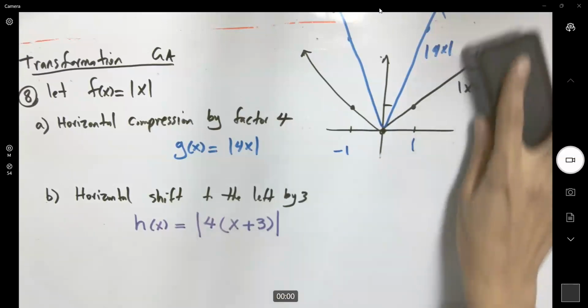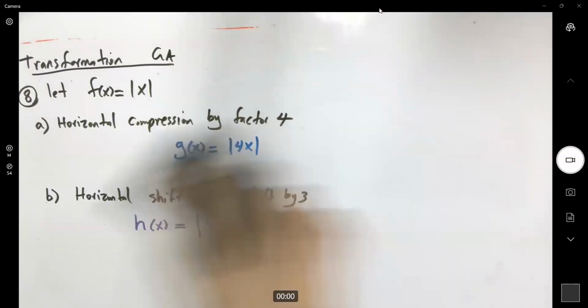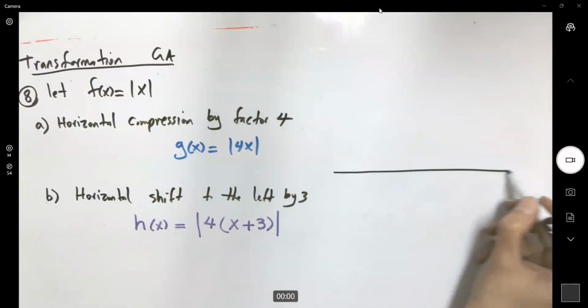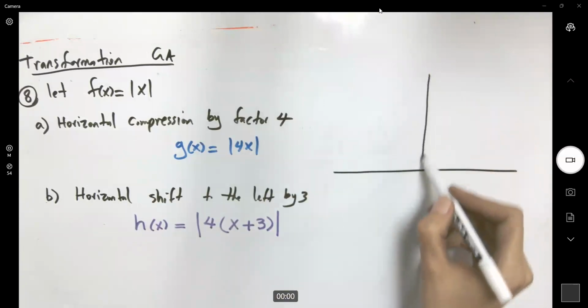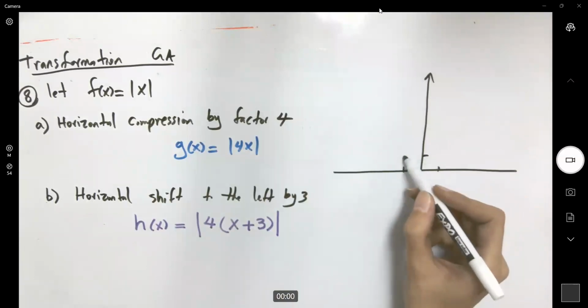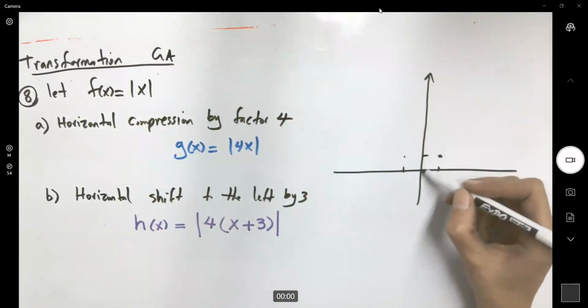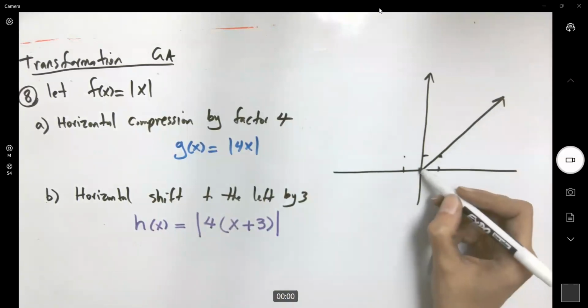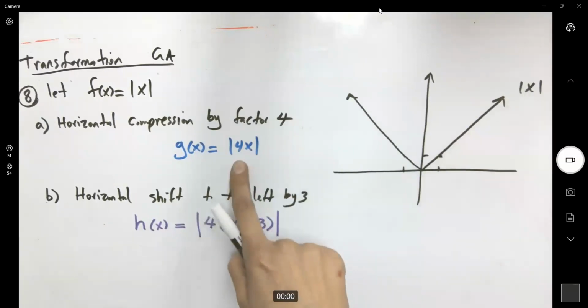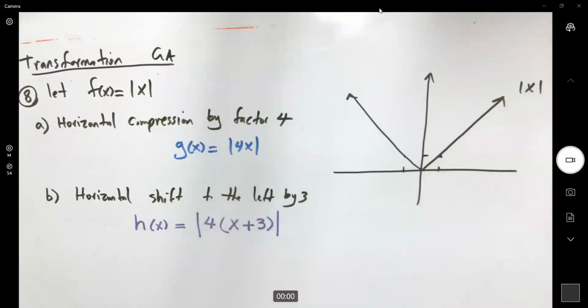So again, take a look at your graph. This is the graph of absolute value of x, which is a V-shaped graph, 1, 1, -1, 1. I multiply my x by 4 to get a compression by 4.